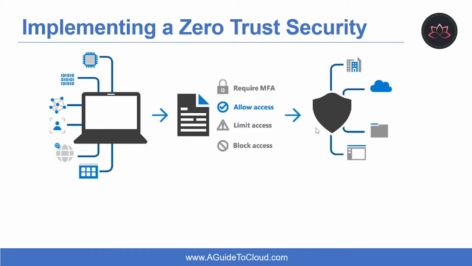So let's learn about how you can implement a zero trust security model. Migrating to a zero trust security model provides a simultaneous improvement of security over conventional network-based approaches and better enables users where they need access.